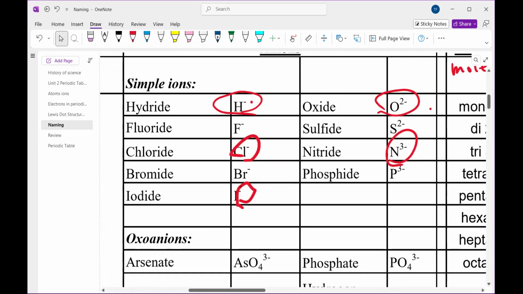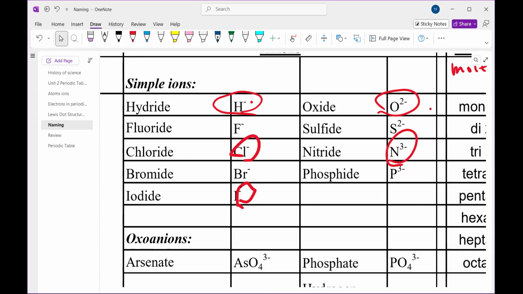Now, when it's a single anion, there's a charge, but because we're in an oxygen environment, a lot of oxygens are added on to those single ones, like sulfur. Sulfur exists by itself as an ion and as an element, by the way.